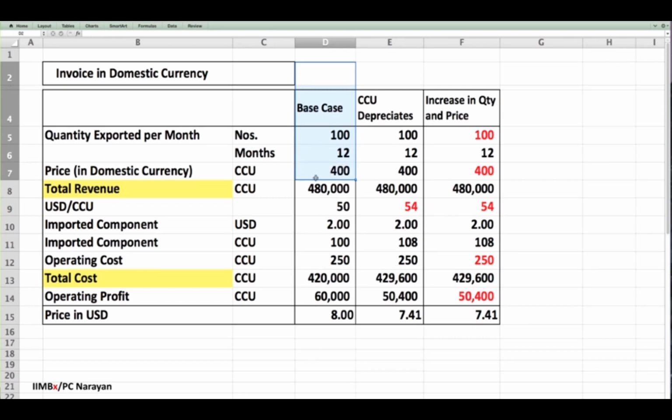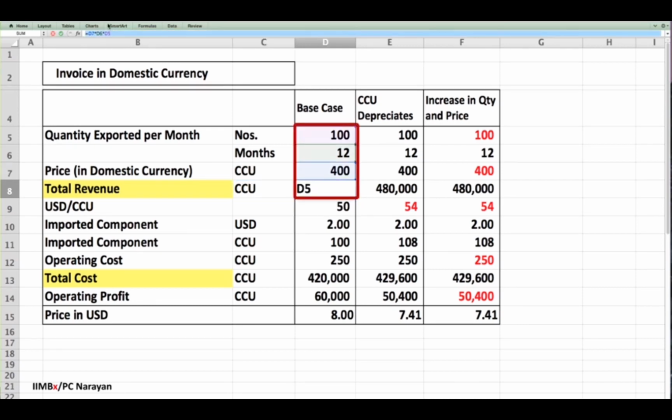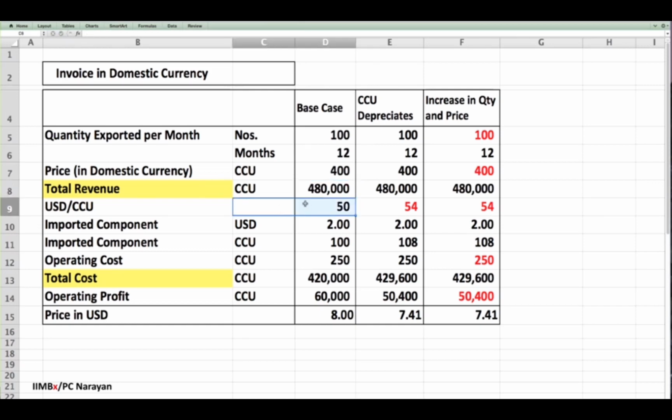Now the big difference between this and the previous example is the Utopian exporter will be invoicing in his domestic currency and the price per unit is 400. Now given that reality, his total turnover or total revenue per annum is 480,000, which is arrived at as 100 into 12 into 400. The prevailing USD CCU exchange rate is 50.